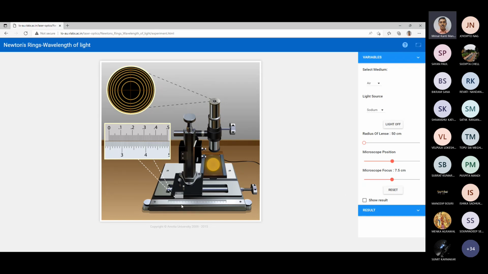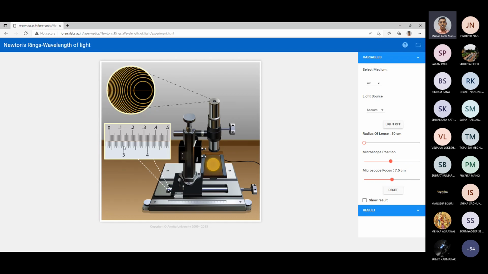Now this is the main scale and this is the vernier scale. So you need to fix the position. Suppose we go to the left side, you see we are fixing at the ring position, the second ring. We have fixed at the second ring position. Then you can see this reading.